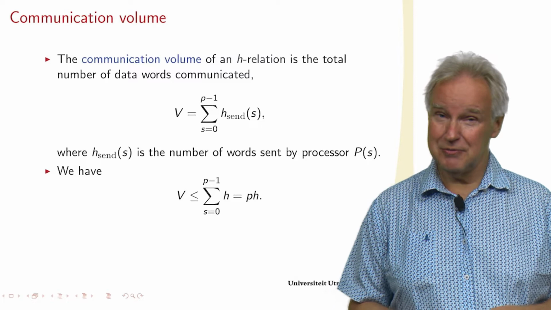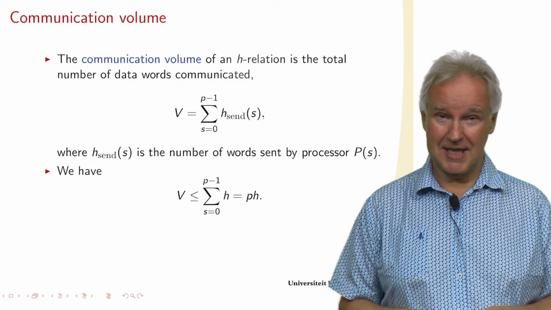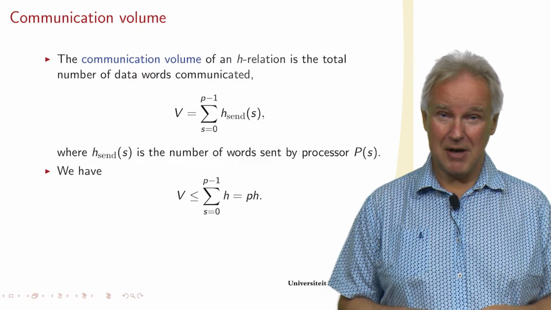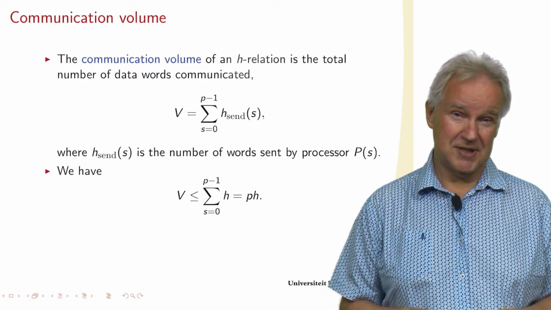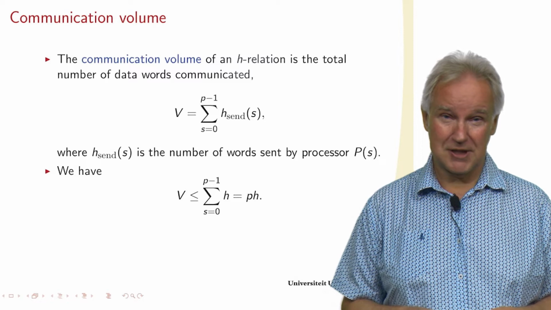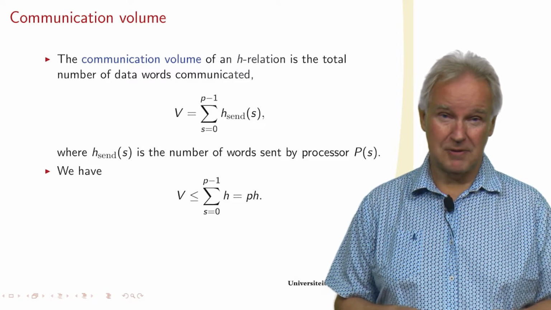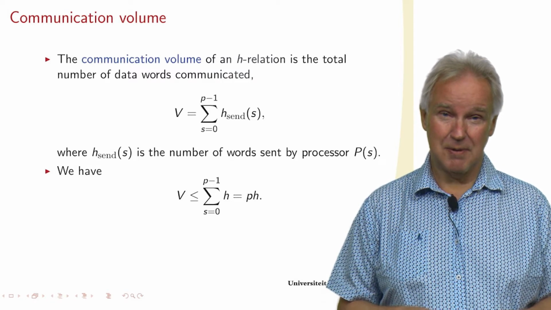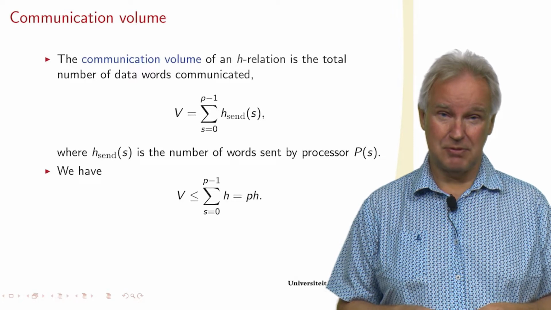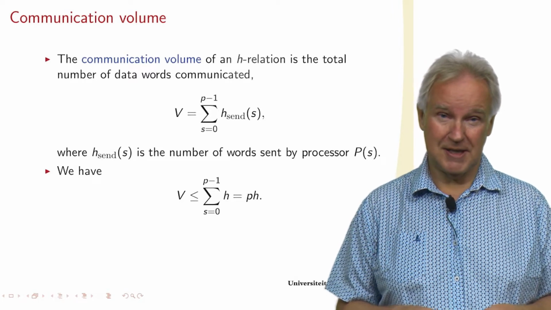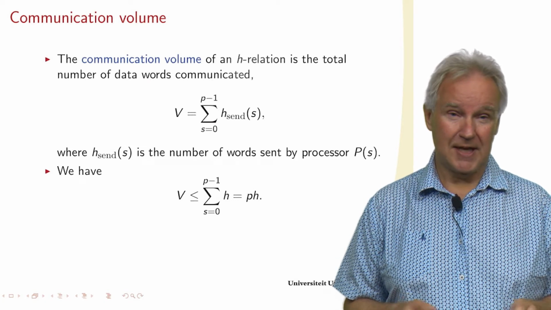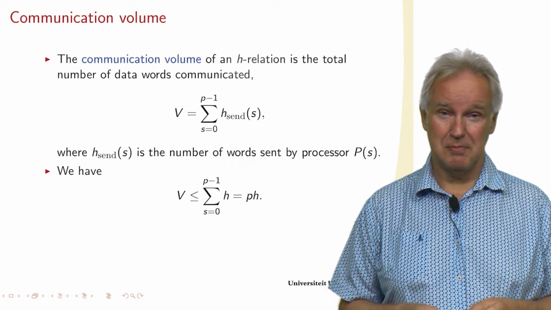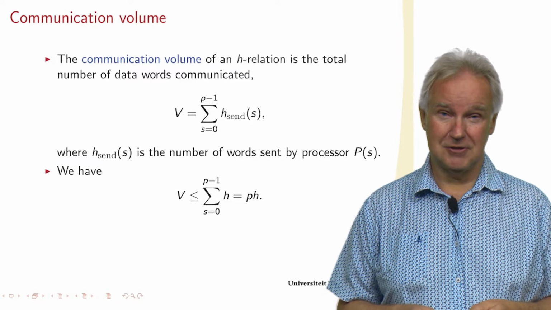The communication volume of an H relation is the total amount of data words being communicated, and you can obtain that by taking for every processor S the amount of data being sent by S and adding this up. Of course, you can also do that by adding up how much every processor receives, and we assume that no messages get lost in the transferal.